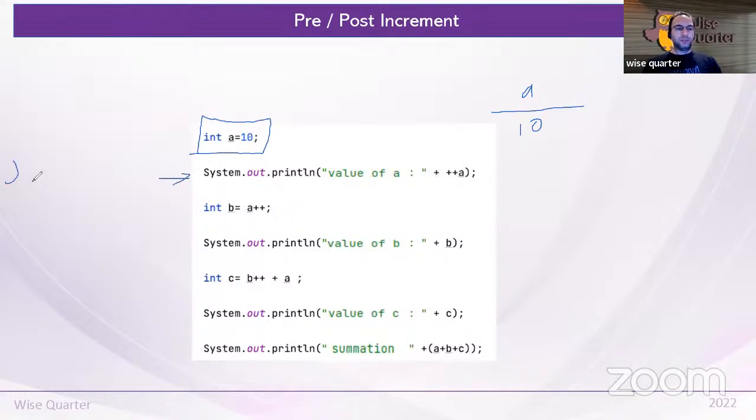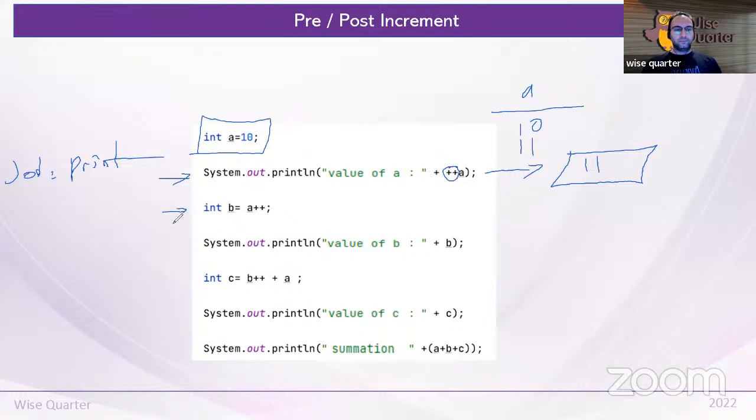Job is printing. Here, first we will increase the value, then we will print it. It means first increase the value, it was 10, we made it 11, and we will print it. It will print 11.